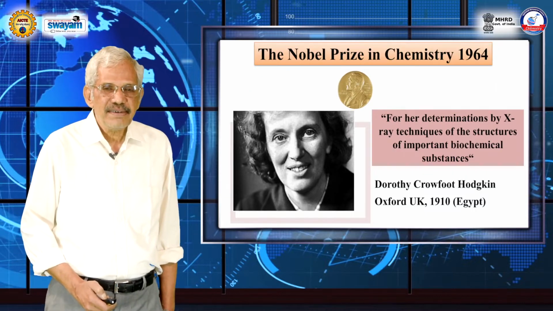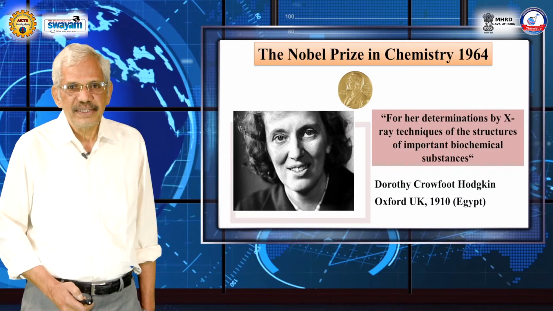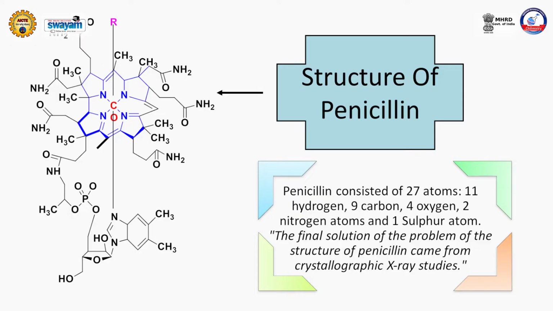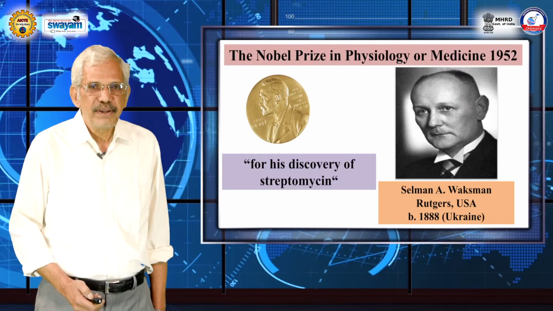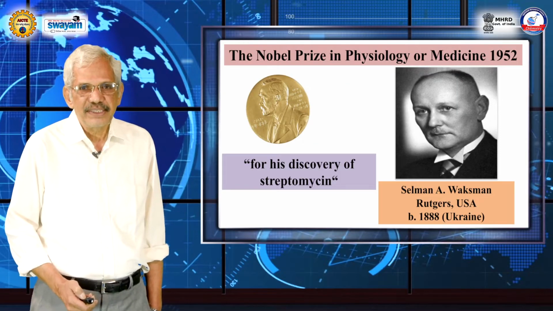And interestingly, Dorothy Crowfoot Hodgkin got the Nobel for elucidating the structure of penicillin. It has interesting chemistry, beta-lactam ring and so on. She also solved several interesting macromolecular structures, including the structure of vitamin B12. Then the Nobel for streptomycin followed.